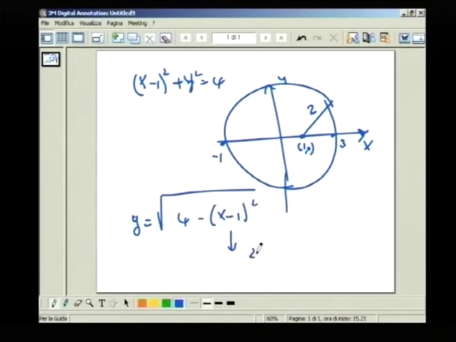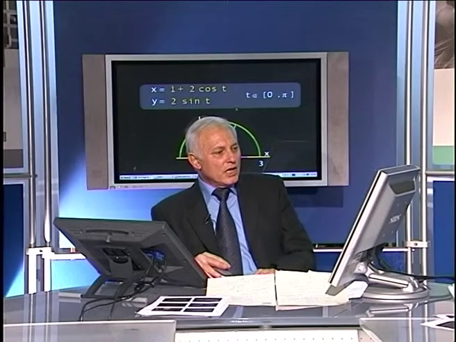So if x is 1 plus 2 cosine t, the 1 cancels with 1, and you have 4 minus 4 cosine squared t. You get 2 outside, and 1 minus cosine squared is sine squared. Under the square root, you get y equal to 2 sine t.